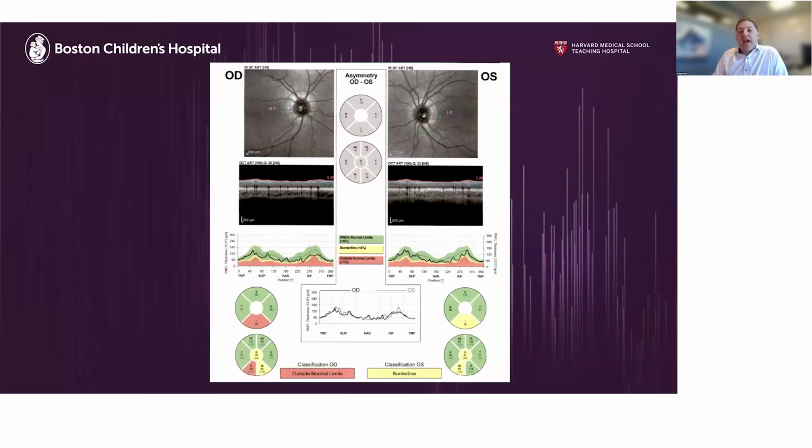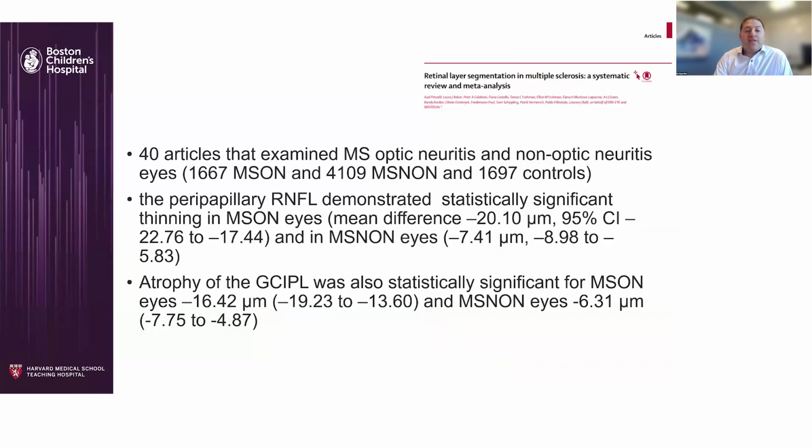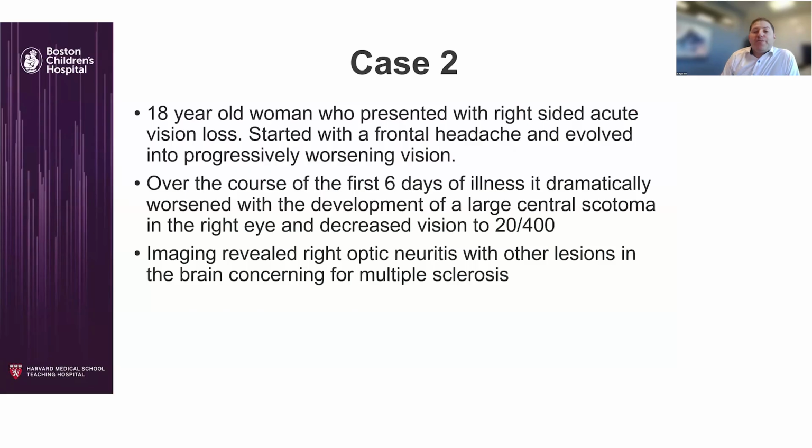If you look at this meta-analysis by Dr. Petzold, where they looked at 40 articles that examined multiple sclerosis-related optic neuritis and non-optic neuritis eyes, they found that obviously the optic neuritis eyes had the thinnest RNFL and the thinnest ganglion cell layer, but patients with MS who did not have clinical events of optic neuritis had thinner layers in both segments as well. So it's just another marker of disease activity, another way that we can help our colleagues in neurology. So, another case.